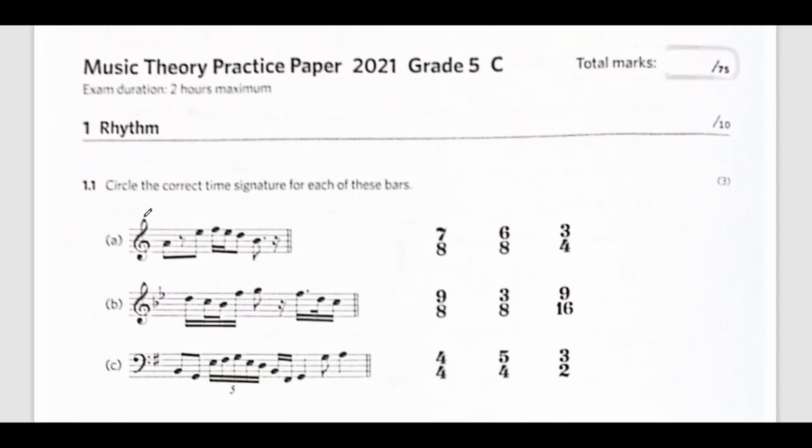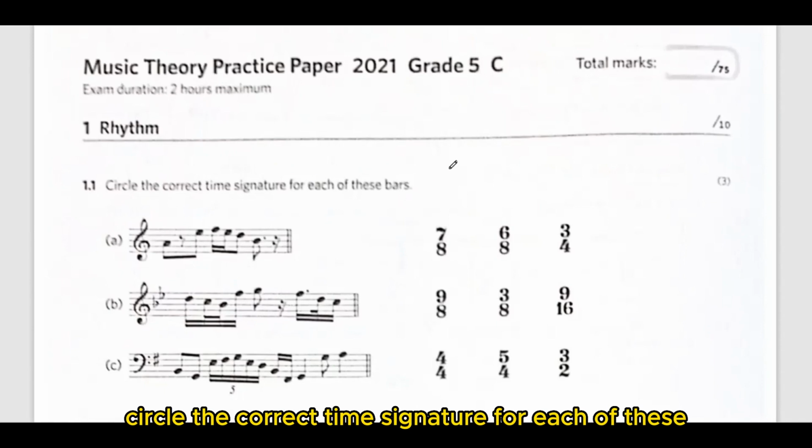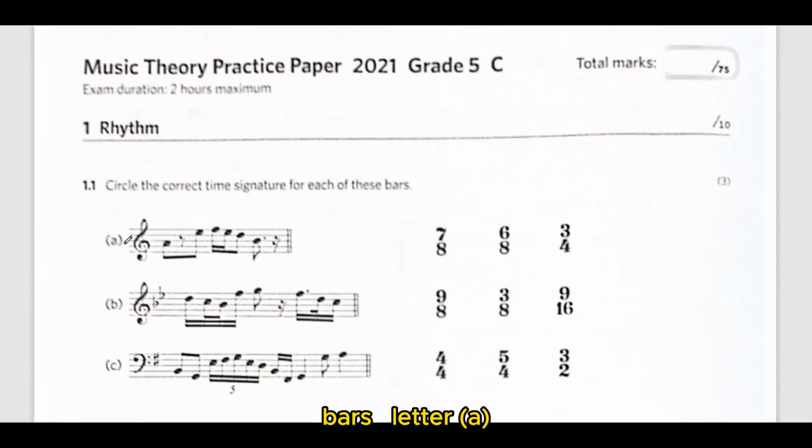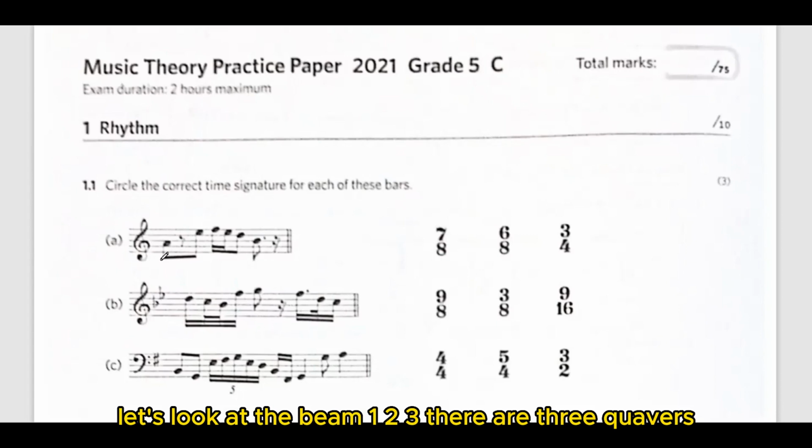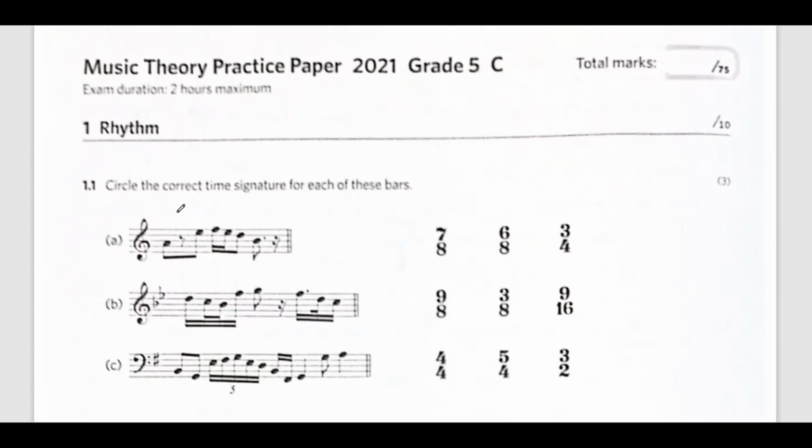This is paper C, section 1 rhythm. 1.1. Circle the correct time signature for each of these bars. Letter A, let's look at the beam. 1, 2, 3. There are 3 quavers. Next group, 1, 2. 2 quavers.